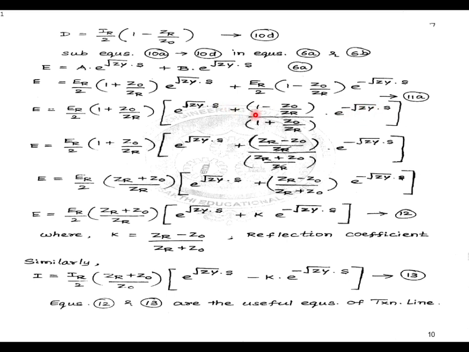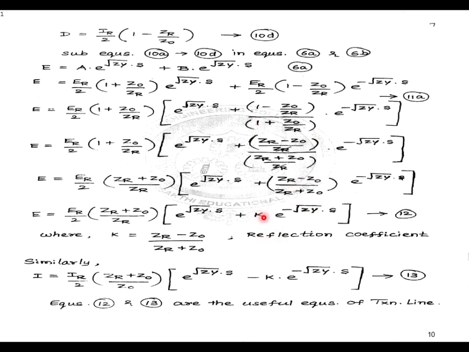If you are cross multiplying this by ZR, you can get ZR minus Z0 divided by ZR plus Z0. This ZR and ZR get cancelled. So we can get ER divided by 2 into ZR plus Z0 divided by ZR into e power root of ZY into S plus ZR minus Z0 divided by ZR plus Z0 into e power minus root of ZY into S. This we can write as K, because K is the reflection coefficient.